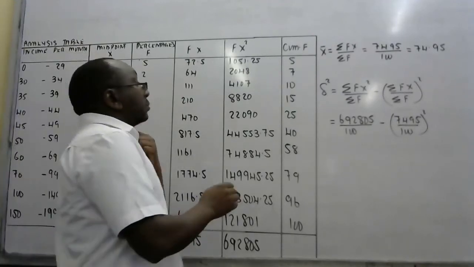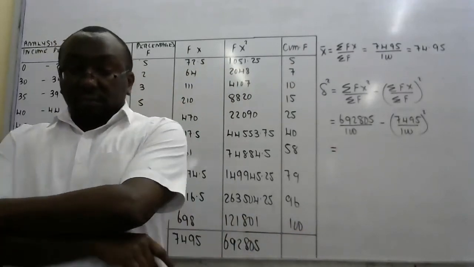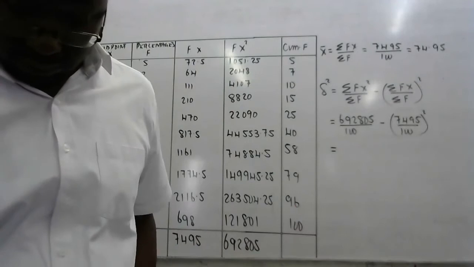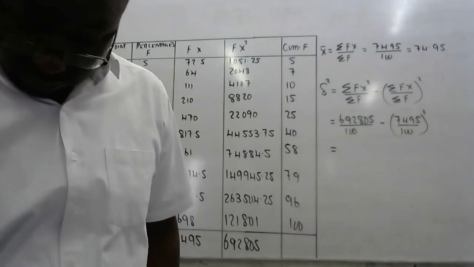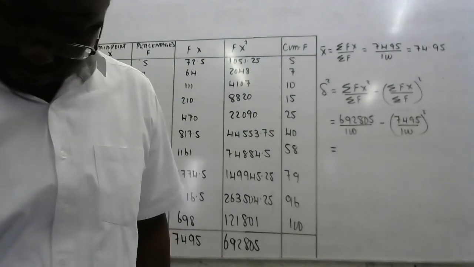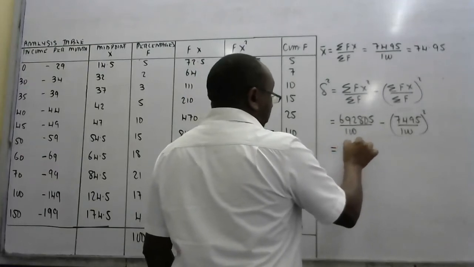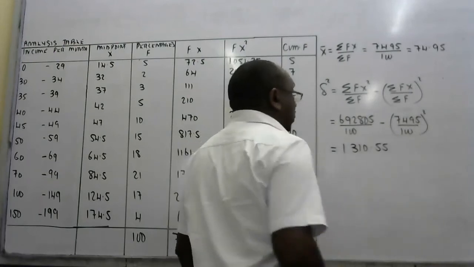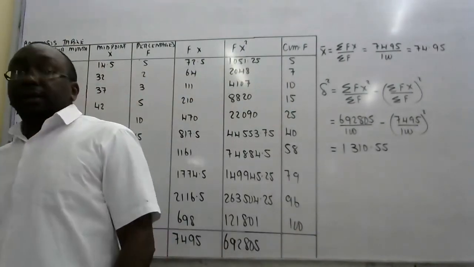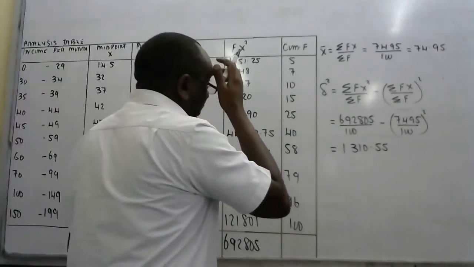Okay. So that is a measure of dispersion. So you can check others like standard deviation and the coefficient of variation.